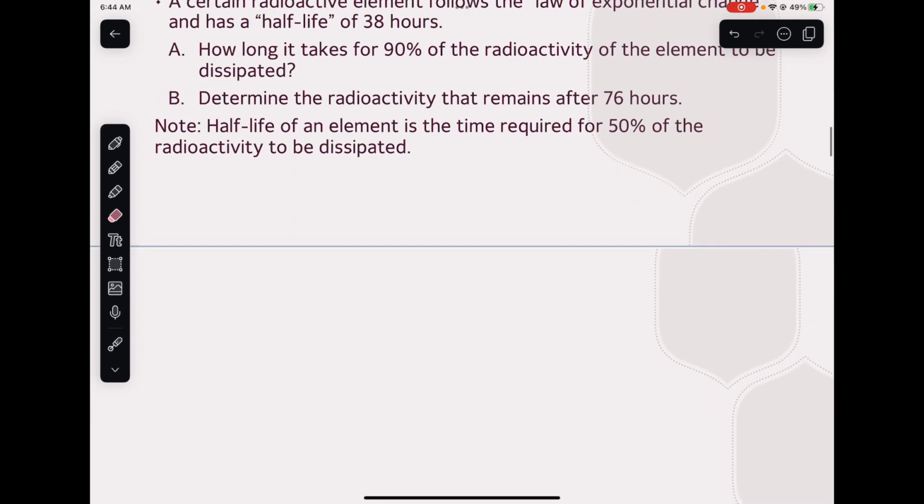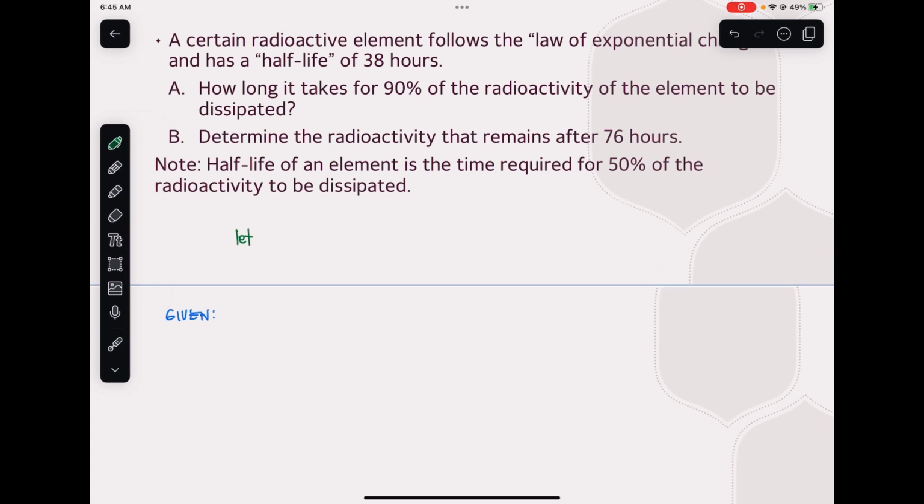To resolve this, it would be better to figure out our given. Before writing that out, we need to let a variable represent the quantity. Since we do not know the original amount of the element, we assume that originally the radioactivity of that element is 100%.